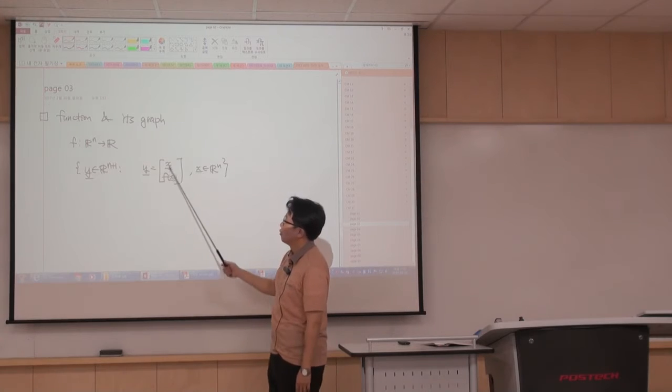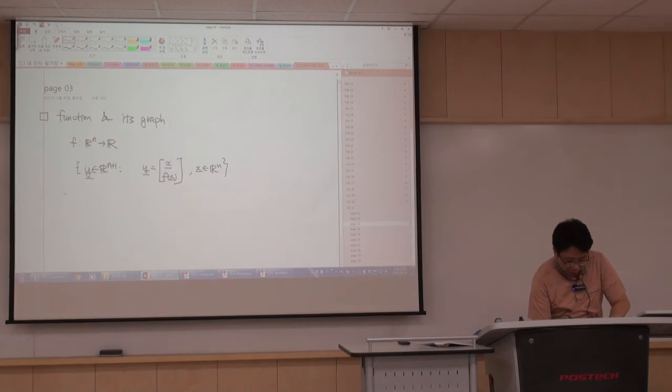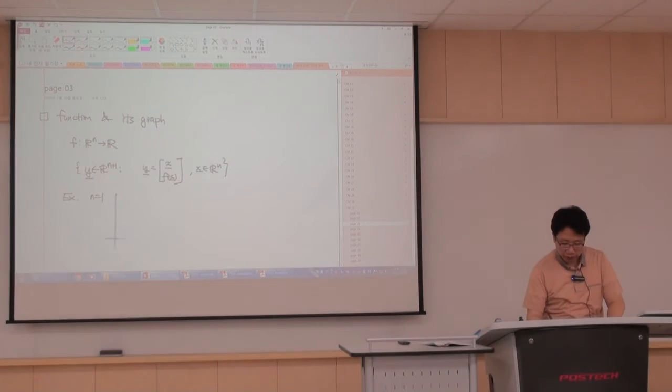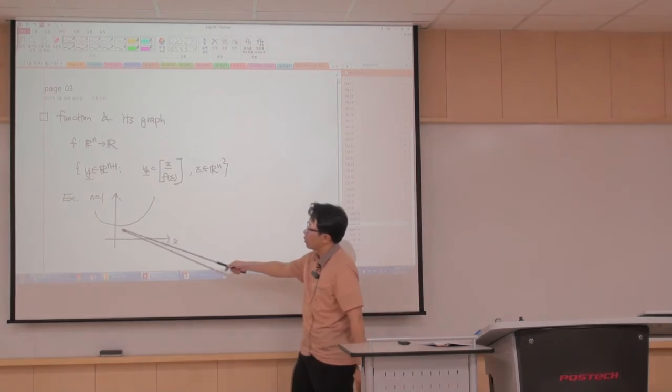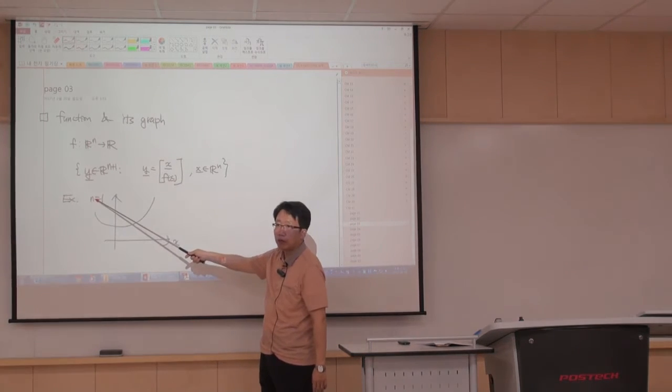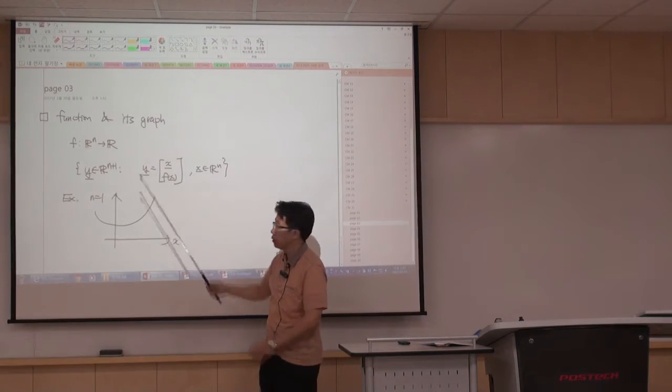Got it? So in the special case where n equals 1, then what is a graph? So here you have R and this, right? This is the set of points. When n equals 1, set of length 2 points, right?